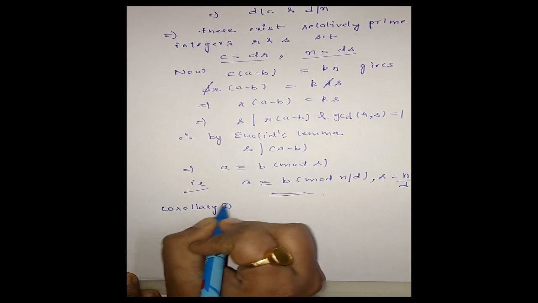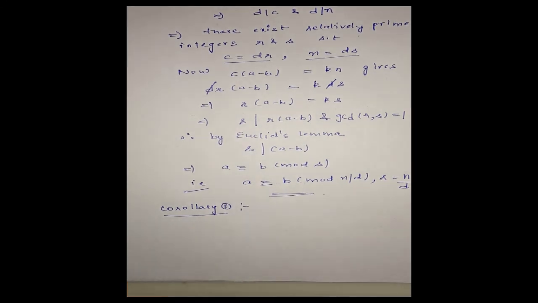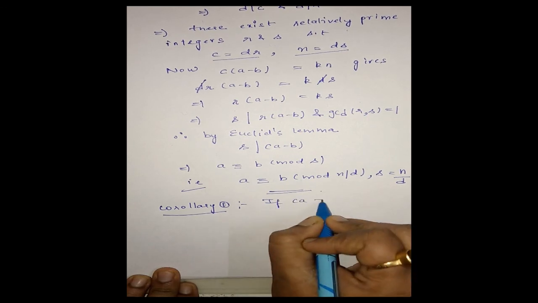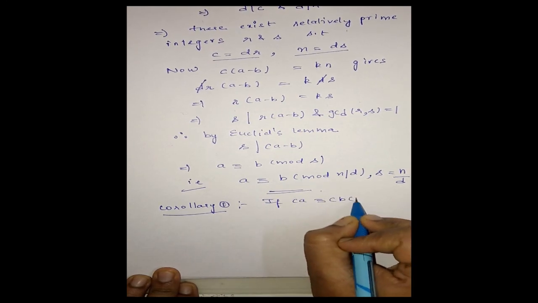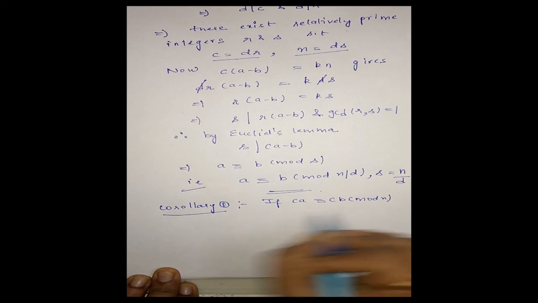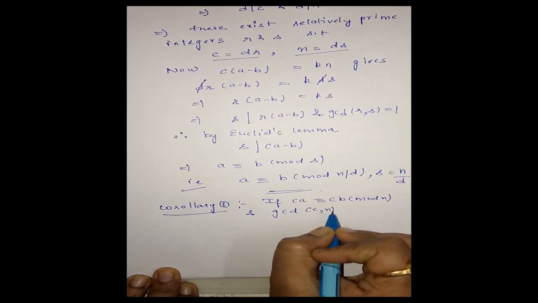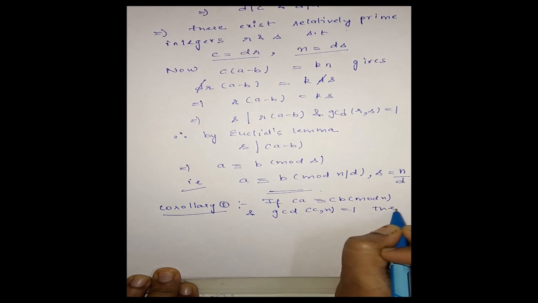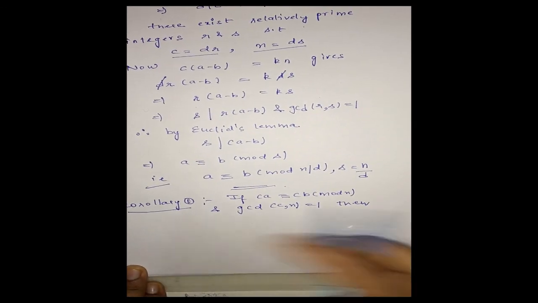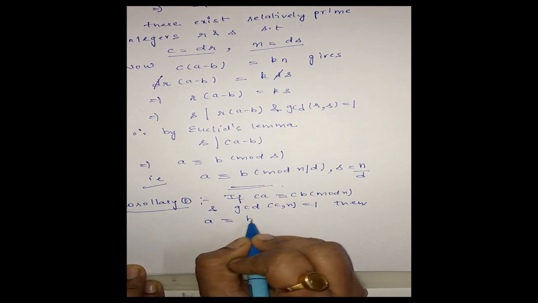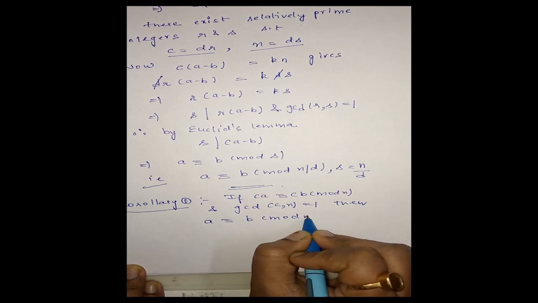Now we come to the corollary to this theorem. Corollary 1: if CA is congruent to CB modulo n and GCD of C and n is 1, then A is congruent to B modulo n.